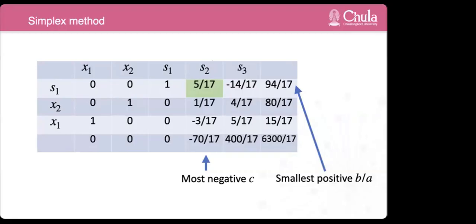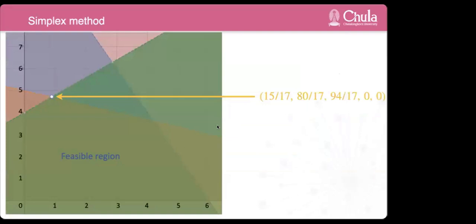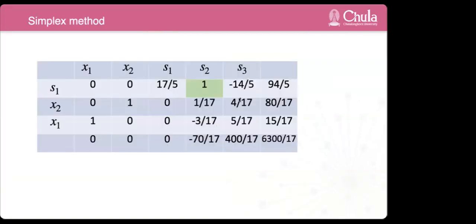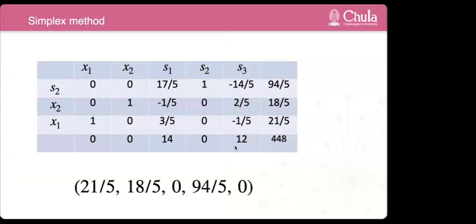We use the same testing. We make this position to be 1, and then we try to make this one to be 0, 0, 0. This is the point where our basic variables consist of S2, X2, and X1.